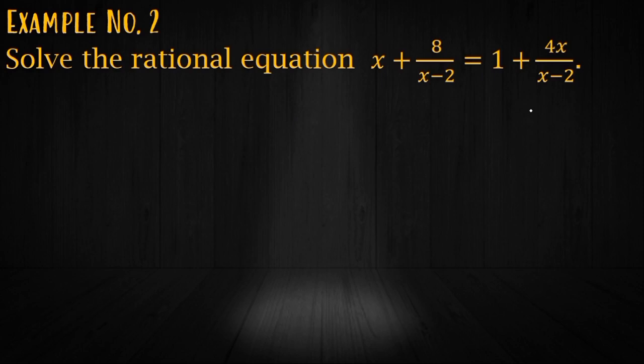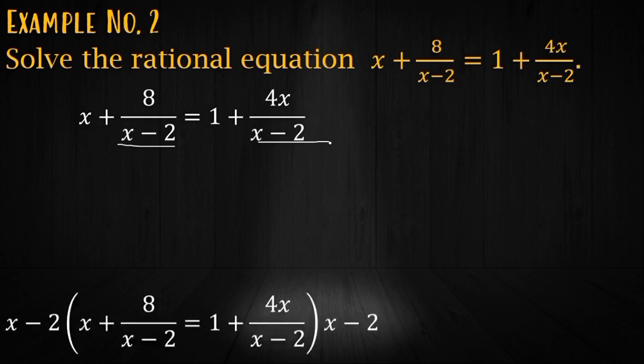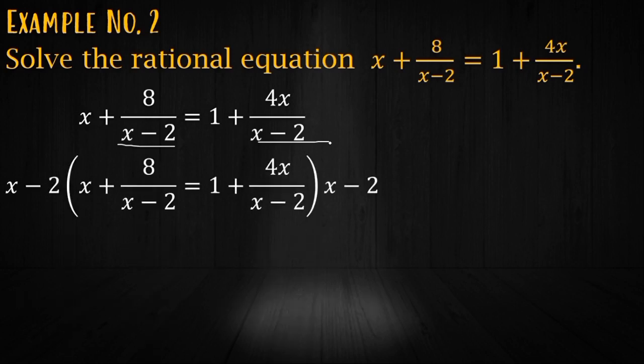Solve the rational equation x plus 8 over x minus 2 equals 1 plus 4x all over x minus 2. Again, rewrite the equation and look for the LCD of the denominators. Since we only have x minus 2 as our denominator, then we can multiply both sides by x minus 2.